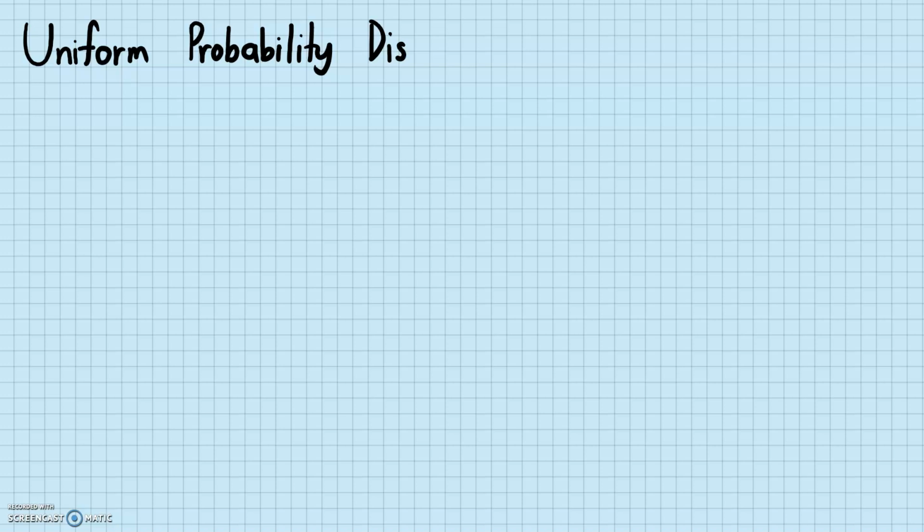We'll be learning about uniform probability distribution in this lesson. And you might have guessed from the name, uniform, that we're dealing with something that has the same probability throughout.